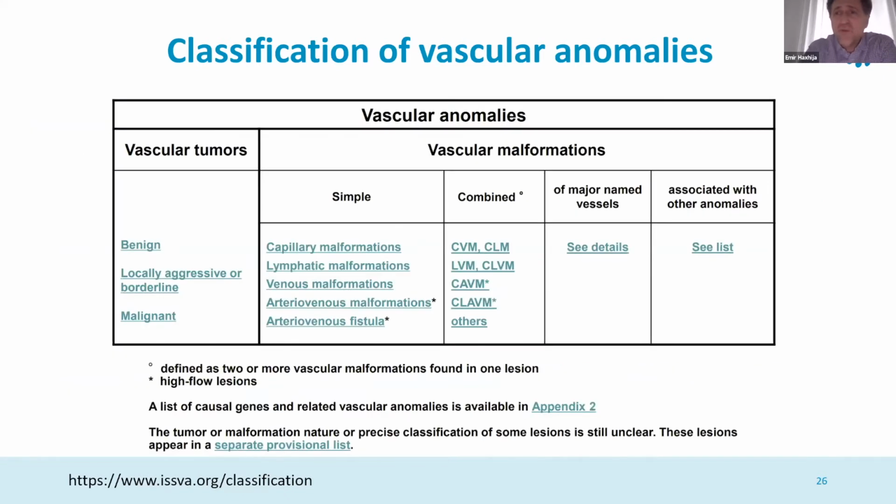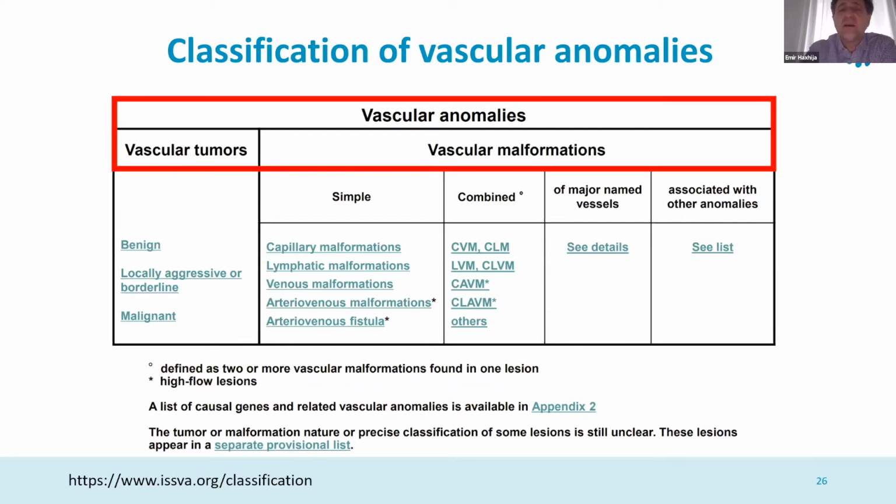This is the overview table, showing that the division of vascular anomalies into vascular tumors and vascular malformations is the main division we all should know. The vascular tumors are then subdivided into benign vascular tumors, locally aggressive or borderline vascular tumors, and the malignant group of vascular tumors.